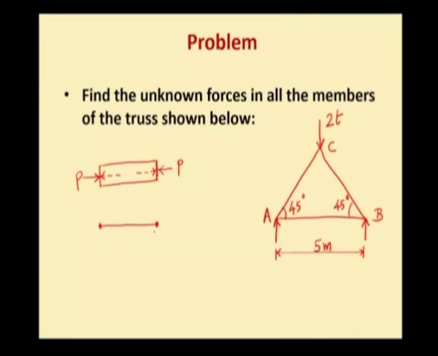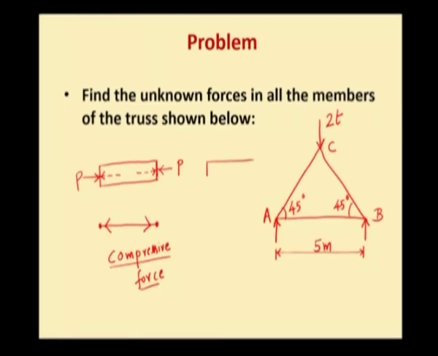Now, in case this member is subjected to compressive force, then the resisting force arrow mark should be pointing like that of the resisting force. So, compressive force acting on the member will be indicated like this. Arrow marks should be pointing towards the joint, that is, in case the member is subjected to compressive force, the joints will be pushed away from each other.